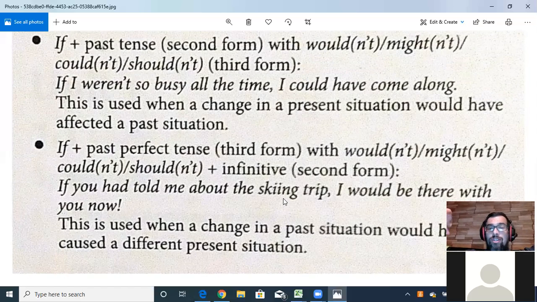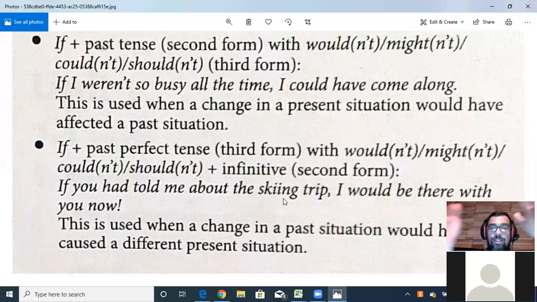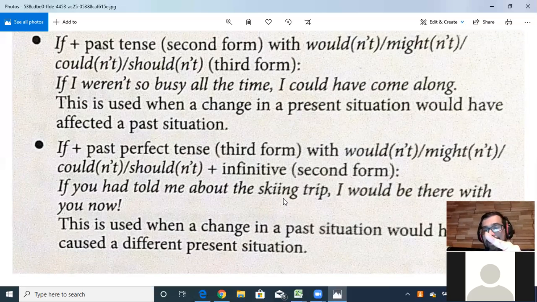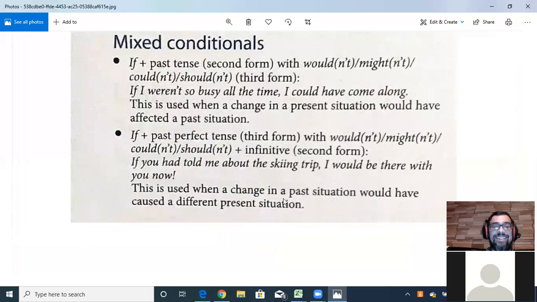It's a possibility that didn't happen or is not real, but it's a possibility in the present that depends on that past situation. I don't know if this is clear.